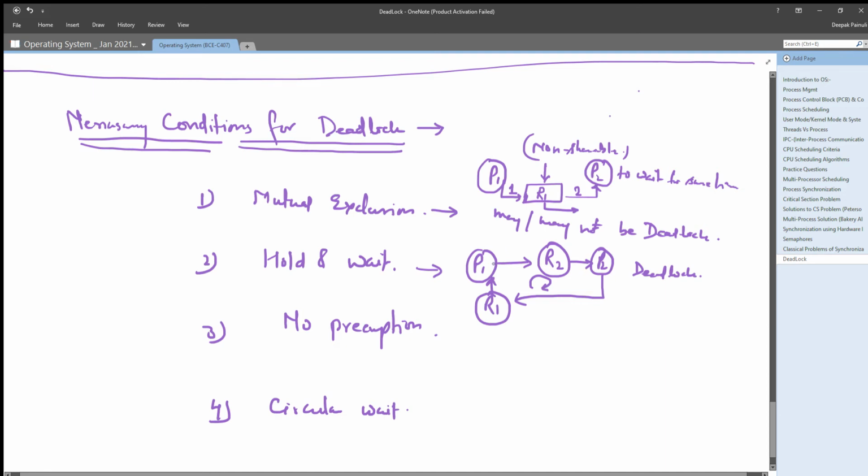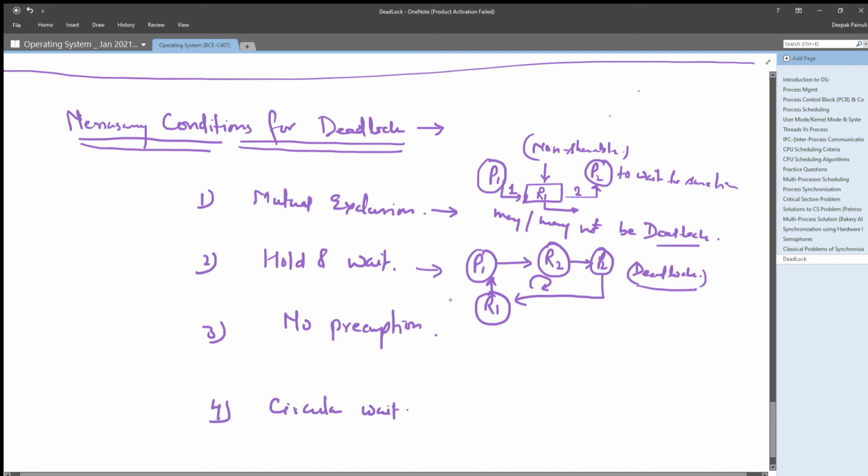And while holding, it is also waiting for a resource which is engaged by that particular waiting process, right? That's why if this happens in the system frequently, then this may lead to a deadlock condition.